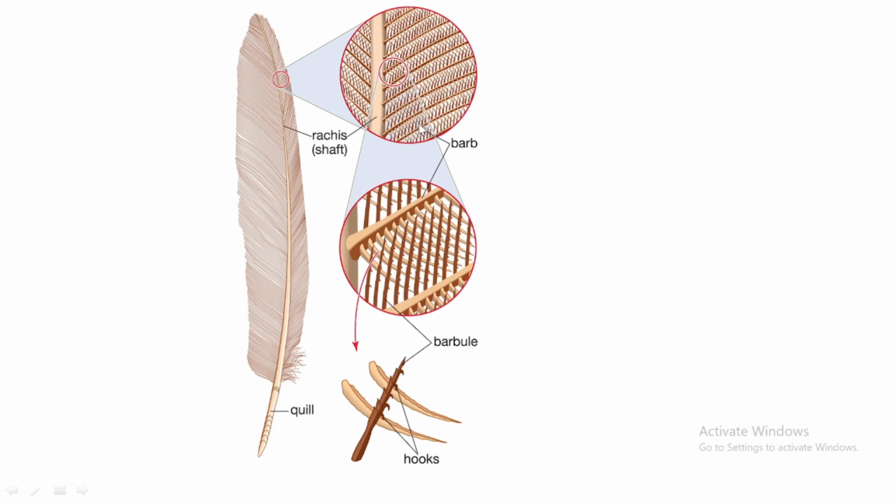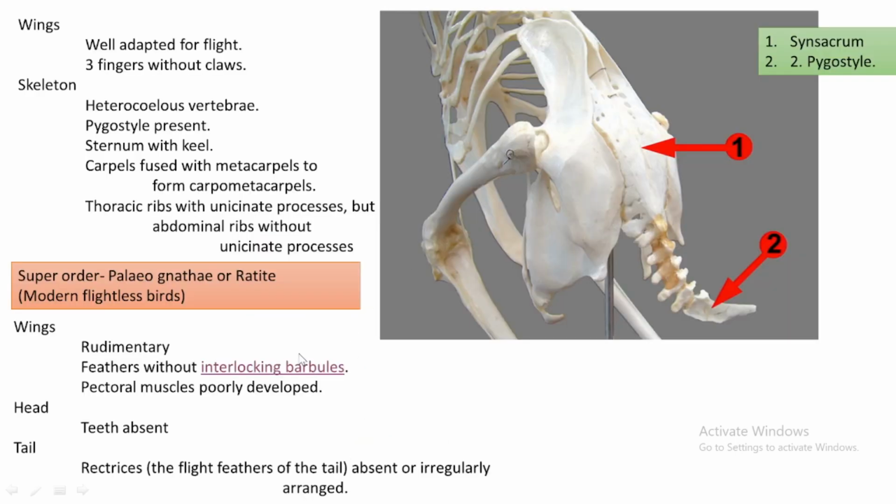They are called barbs, and from the barbs again some branches emerge. Those structures are called barbules. And birds that are good in flight have interlocking barbules. That interlocking character is lacking in these flightless birds.